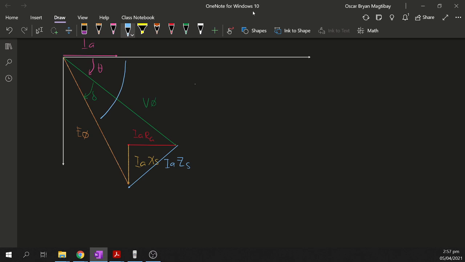Then, this would be angle psi. Then, ito din is theta. Then, ito is theta z. Alam natin yan, yung theta na yan is coming from the impedance triangle.